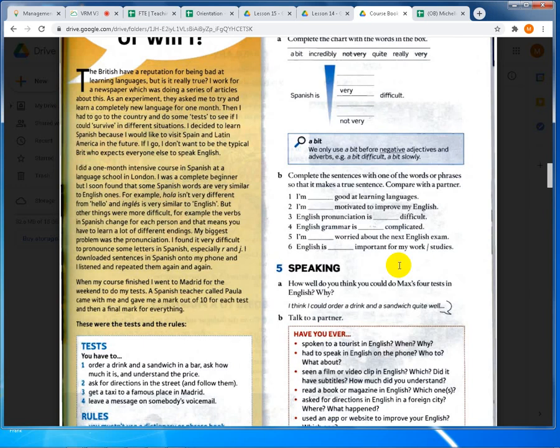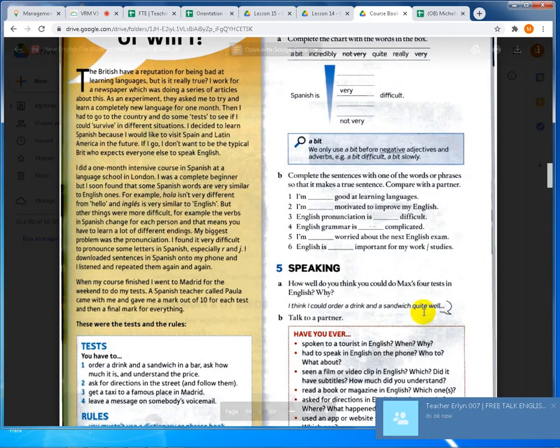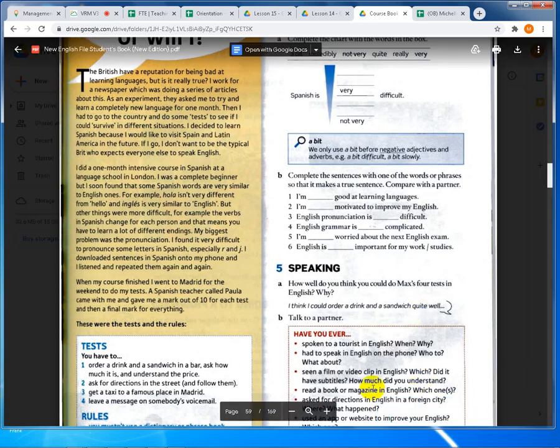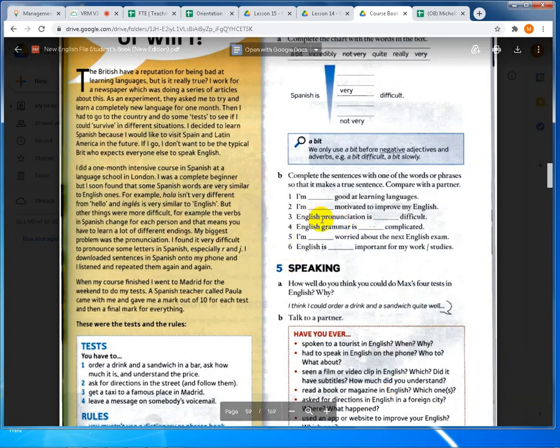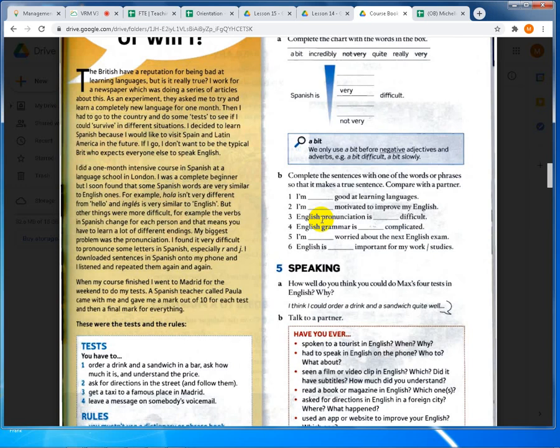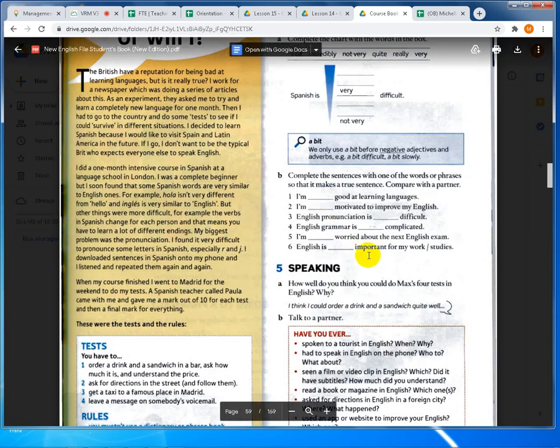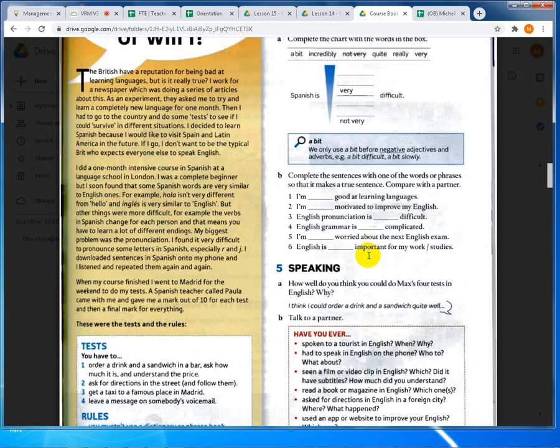I think number one is... I'm blank good at learning languages. It's like we need to make true sentences, so it depends on you.